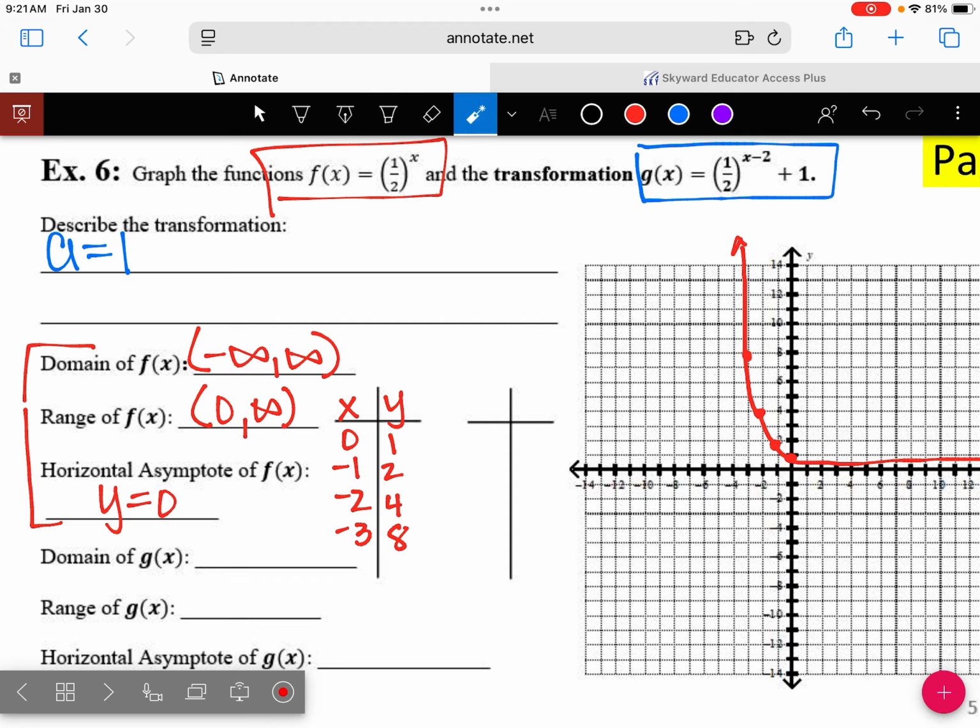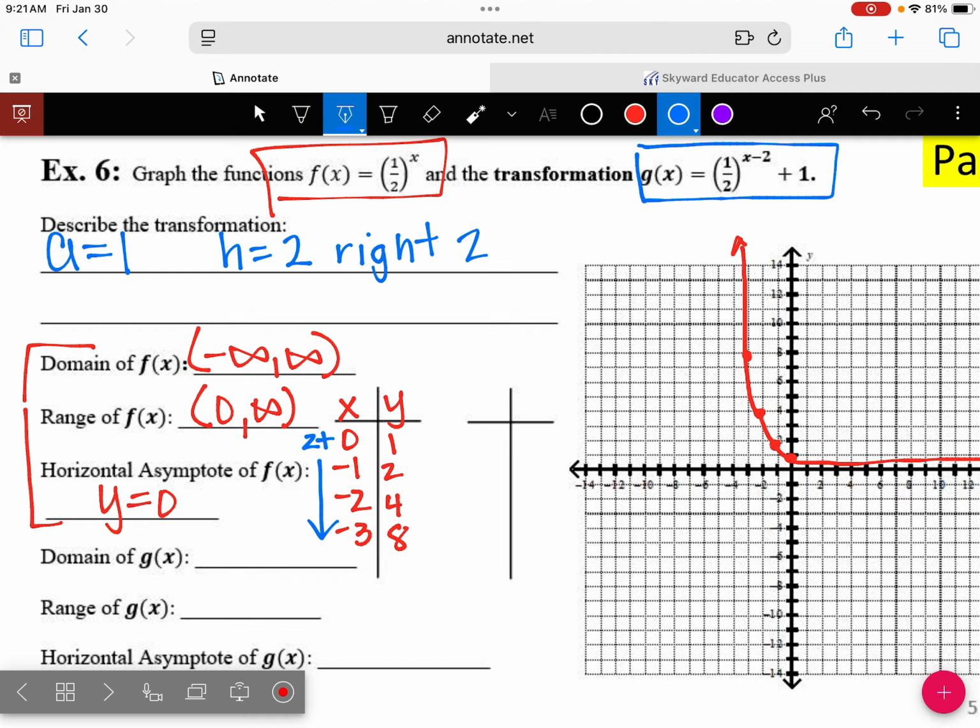Look in your exponent and flip the sign. So is h -2 or +2? What's h going to be? +2, which is going to move it right 2.